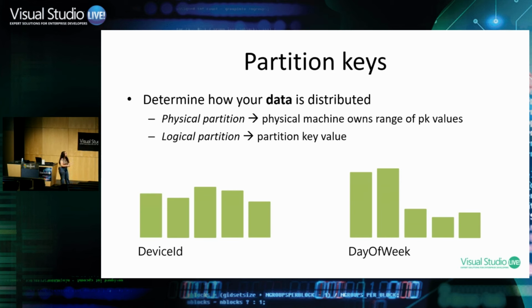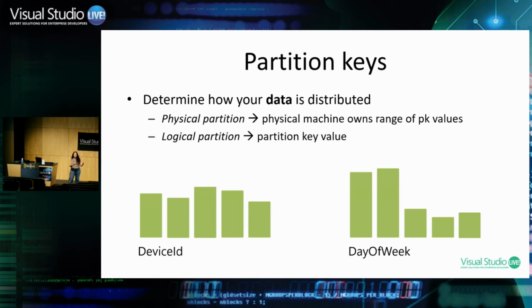This looks pretty good. Now, let's look at our second example, which is partitioned by day of week. There's a couple of things that make this a less optimal partition key in terms of data distribution. First, as you can see, there are 7 days of the week. We only have 5 partitions. So that means in the best case, at least 2 of our partitions are going to have way more data than the others.